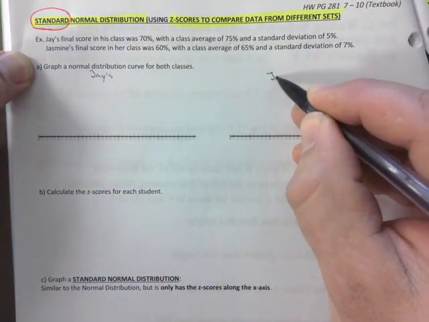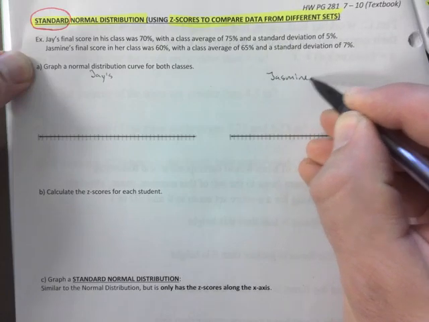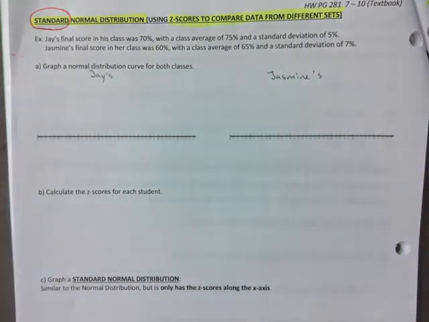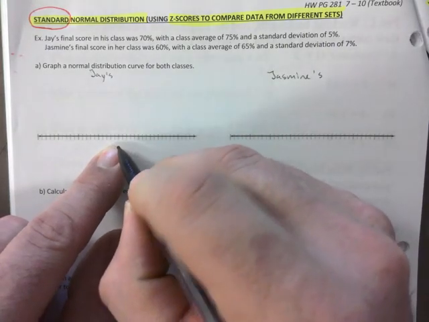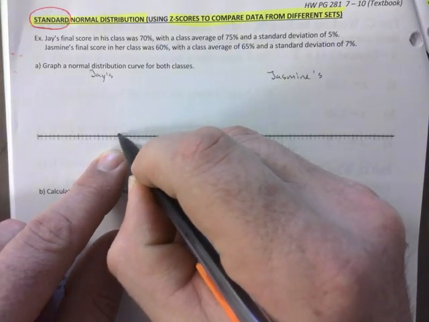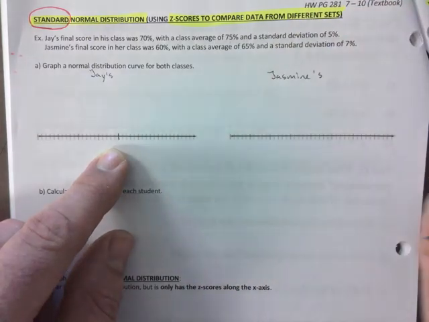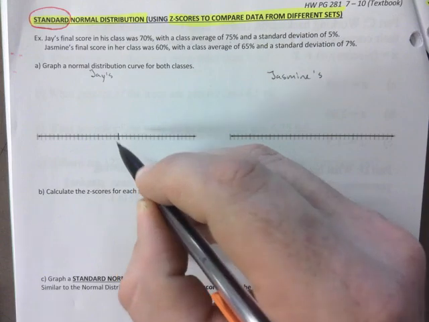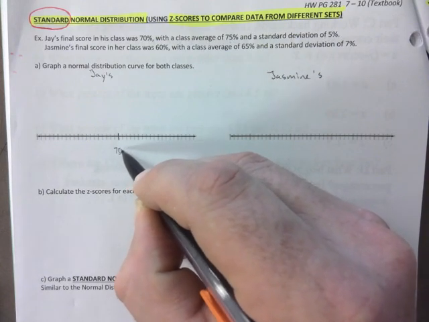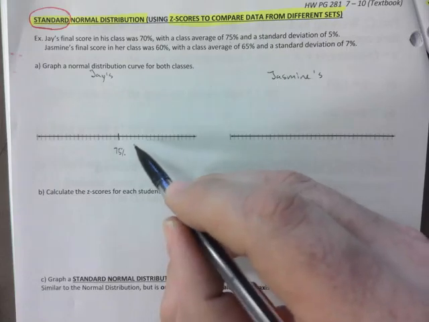and Jasmine. So we're going to try to find the middle. I tried my best to, the middle is right there. So for Jay, the average was 75%. And what's the standard deviation?